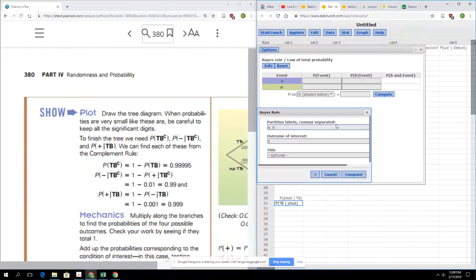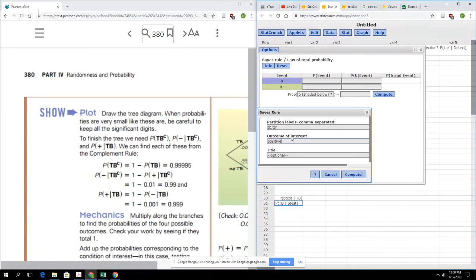So what do we care about in this case? We care about having TB or not, right? So I'm going to say TB, comma, TB not, right? So we're using those chickas for TB. And what's this going to be? The outcome I'm worried about is the positive test. And actually, StatCrunch is really flexible about this.